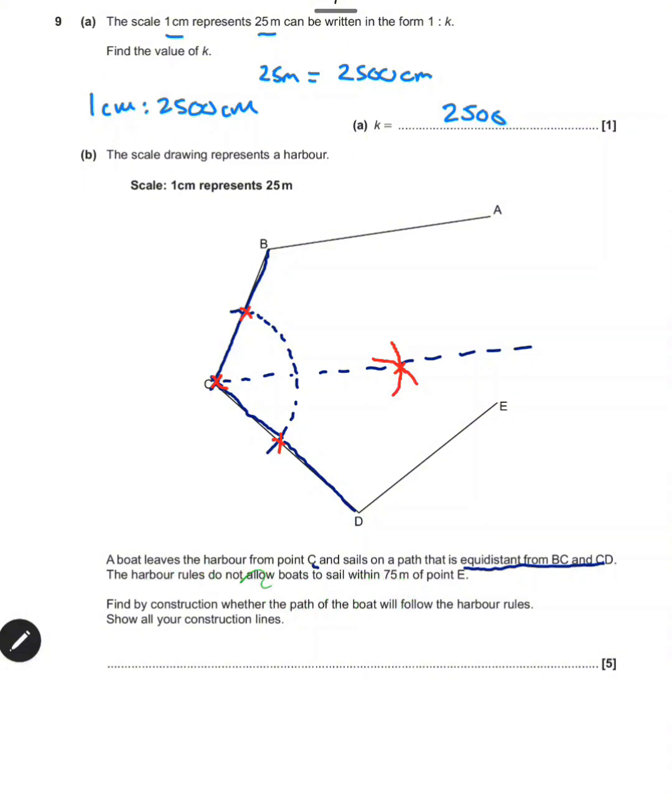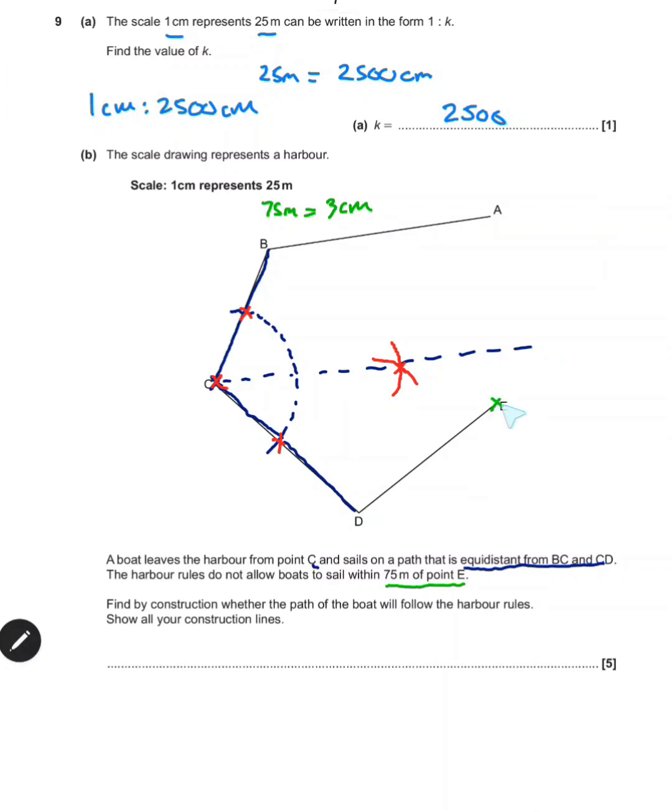The next bit says the harbour rules do not allow the boat to sail within 75 metres of E. This point, well, we've got a scale here that says 1 centimetre is 25 metres. So 75 metres would be 3 centimetres.